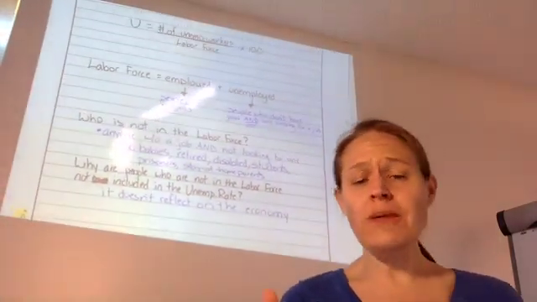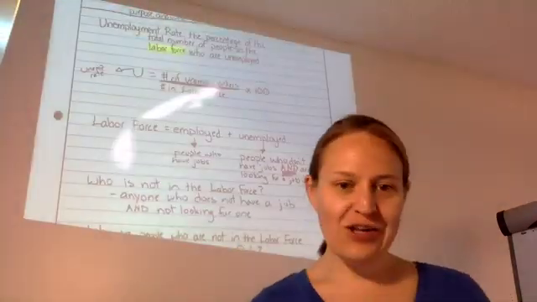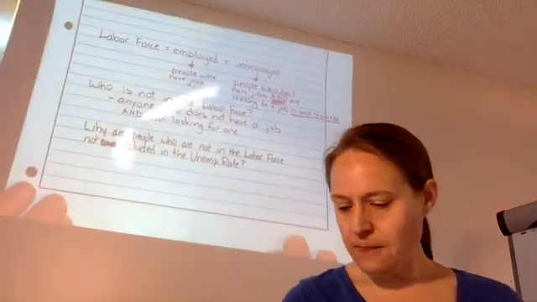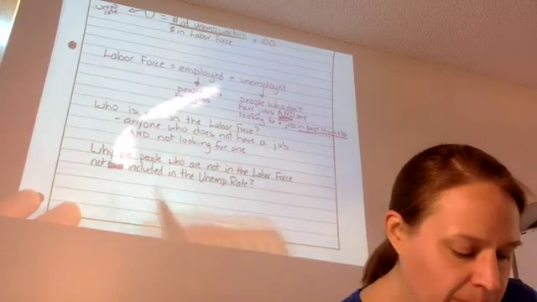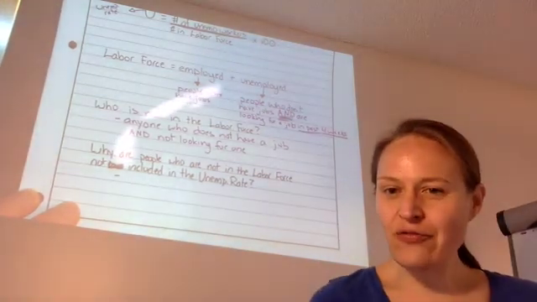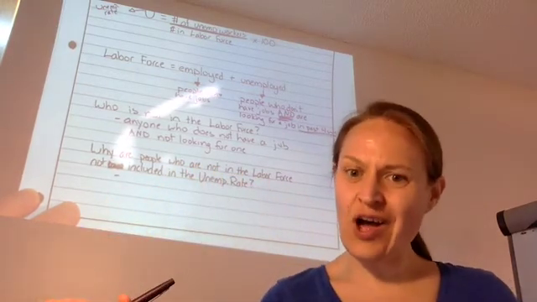So why are people who are not in the labor force not included in the unemployment rate? Well, because like we have been saying, the people who are not in the labor force don't have jobs for a reason other than the economy.